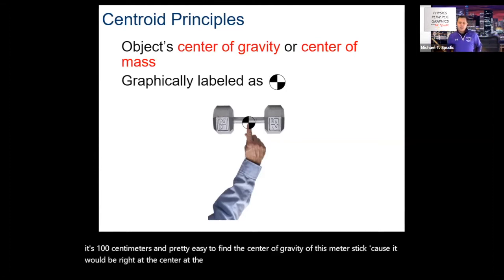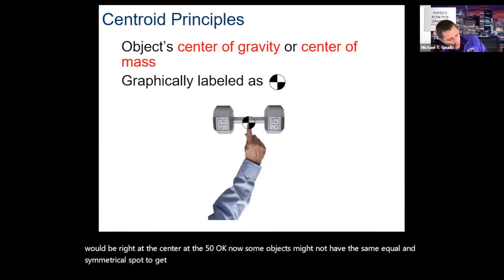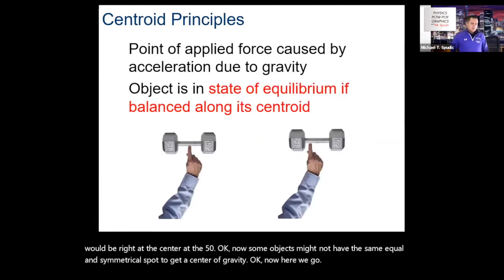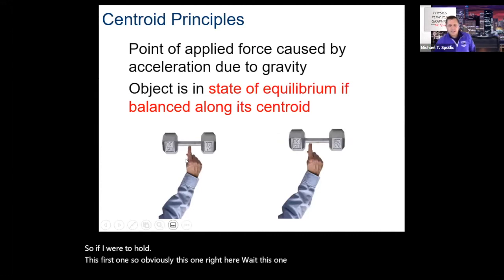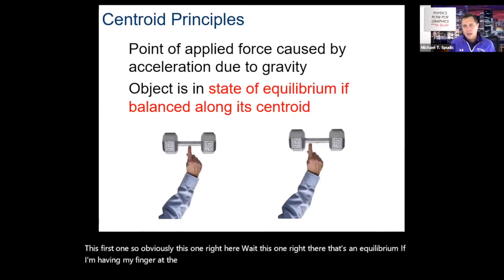Now, some objects might not have an equal, symmetrical spot to get a center of gravity. Now, here we go. If I were to hold this one right there, that's an equilibrium if I'm having my finger at the middle of that dumbbell.